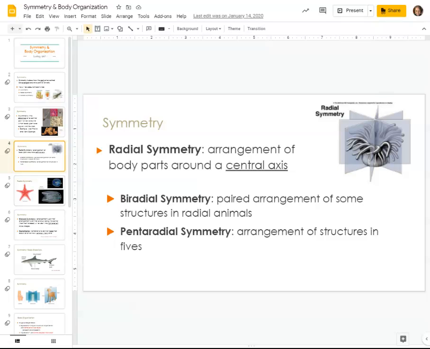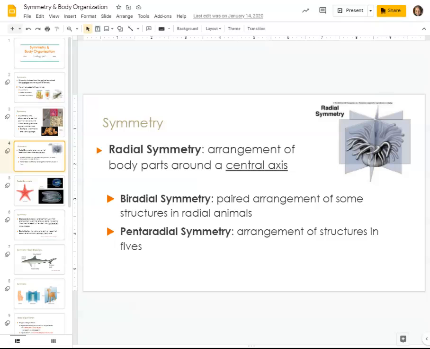There's two special kinds of radial symmetry. One that we'll see very infrequently is biradial. So biradial means you have that radial symmetry, you have a circular body plan, but the bi part means there's two extra structures that look the same on the left and the right. So these end up having a left and a right, even though overall they're circular structures. I'll show you a couple of pictures on the next slide.